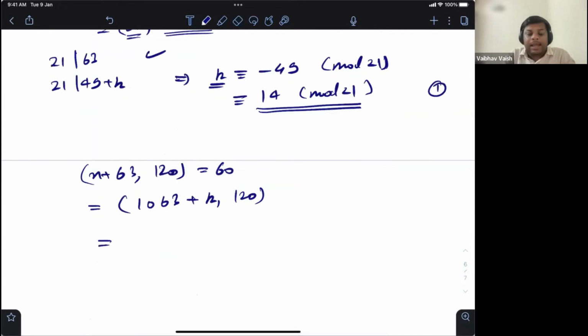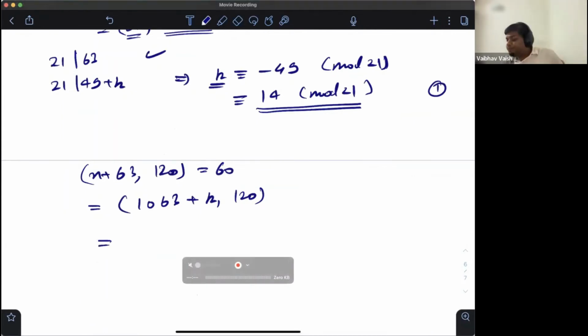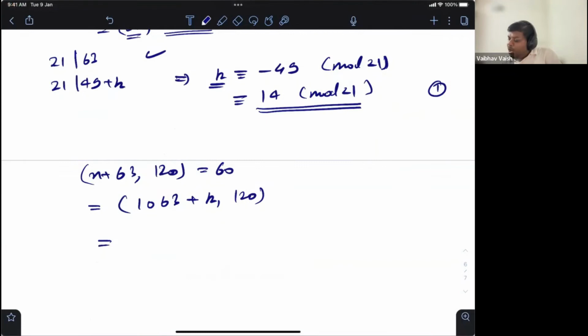And then I can get rid of 120 times 8, which is 960. Yeah, that should be good enough.